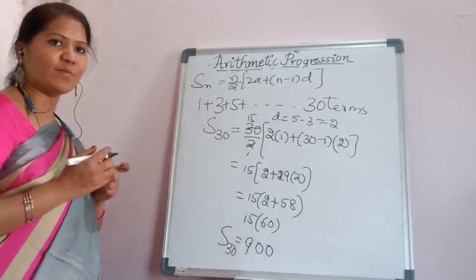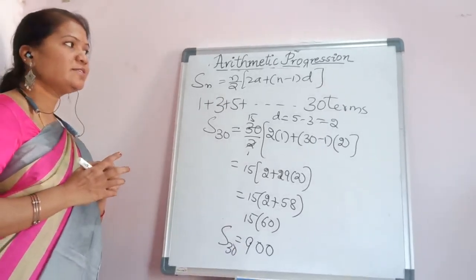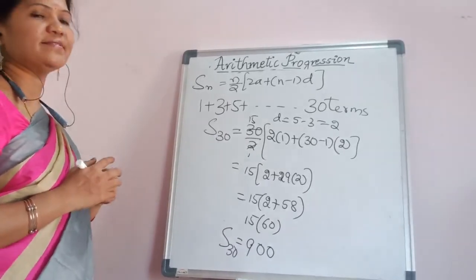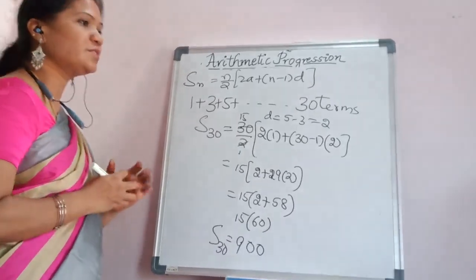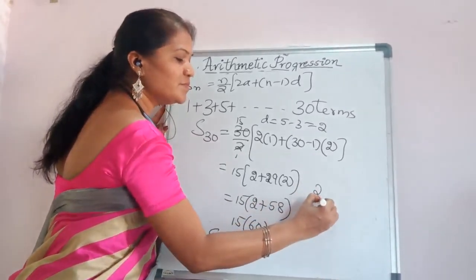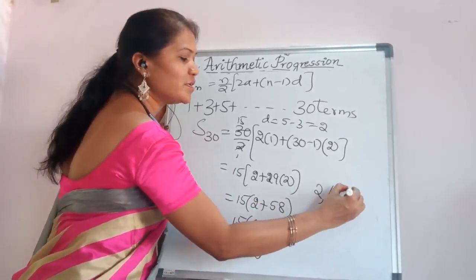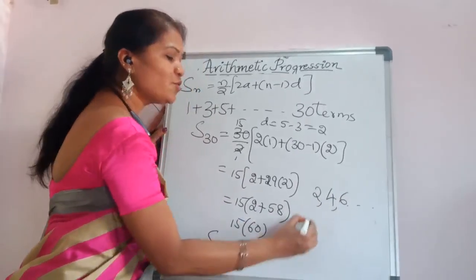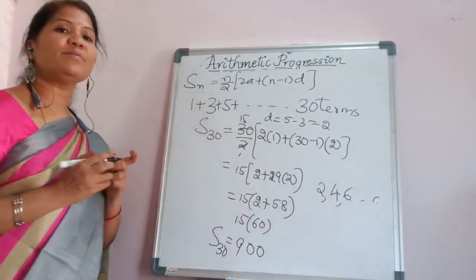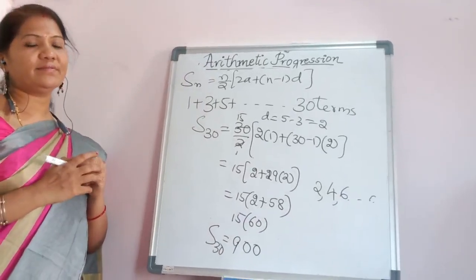It is direct formula application, right? Some verbal problems will be given. In such cases, how to apply the Sn. Sn is applied, suppose in a theatre, in the first row 2 seats, in the second row 4 seats, in the third row 6 seats, like that. Total 40 rows are there. So find the total number of the seats in the theatre.